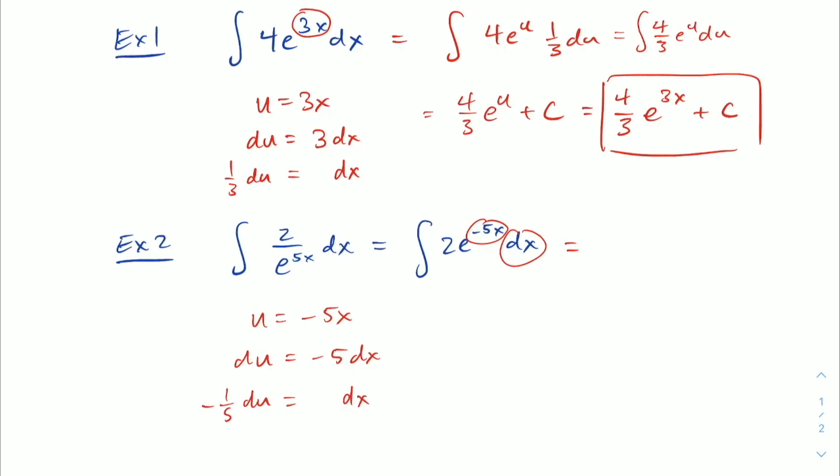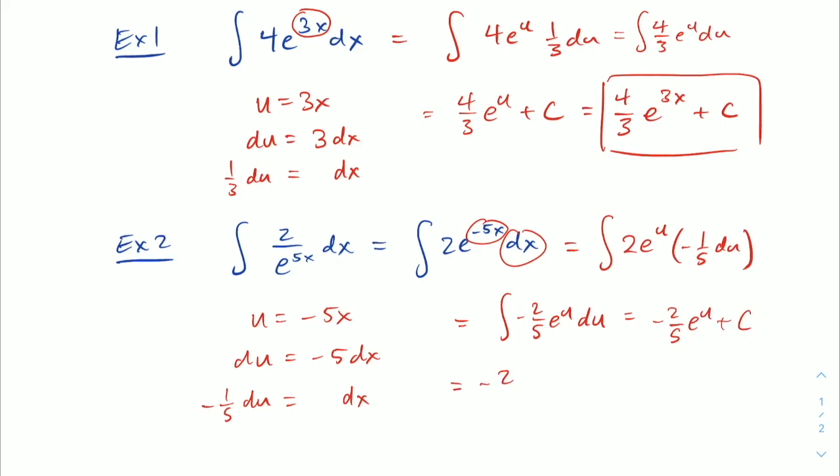So then we get the integral of 2e to the u times negative 1/5 du. Rewriting that, we get negative 2/5 e to the u du, which is just negative 2/5 e to the u plus c, which when we back substitute our negative 5x, we get negative 2/5 e to the negative 5x plus c.